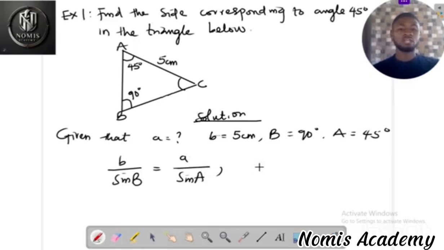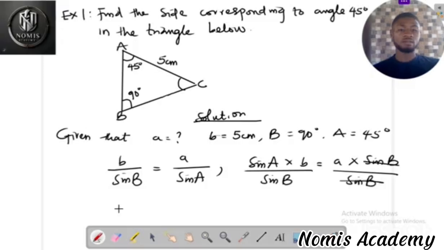When we cross multiply, we will have sine A multiplied by small letter b equals small letter a multiplied by sine capital letter B. To make a the subject of the formula, I will divide both sides by sine B, so this cancels this.